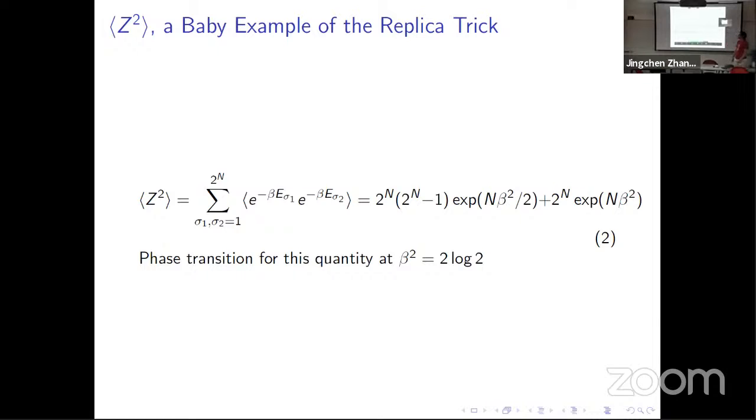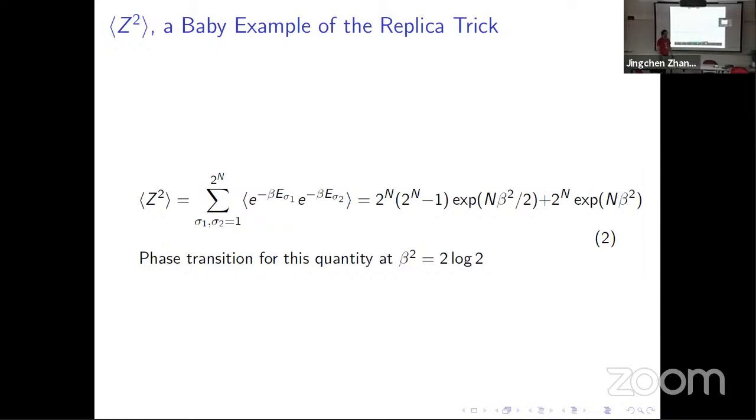We want the expected value of Z squared. We can do that by saying we have two copies of the system, and each of those copies is in a microstate. So how many total microstates are there for the doubled system? Yes, 4 to the n. We have two copies of the system, each with 2 to the n states, and multiplying that together gives 4 to the n microstates of the doubled system. So the expected value of Z squared is just the expected value of Z of the doubled system.